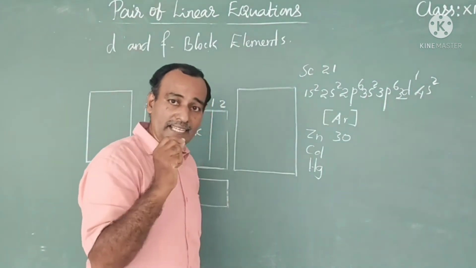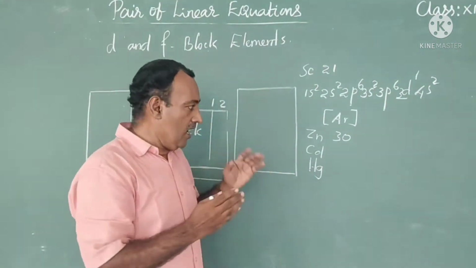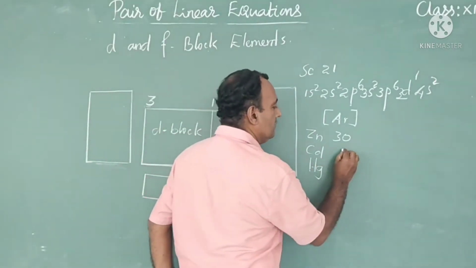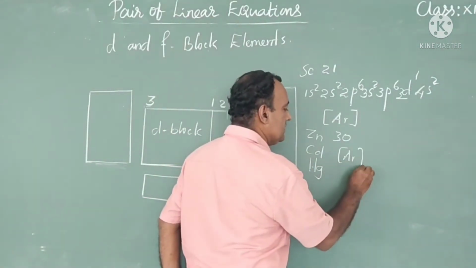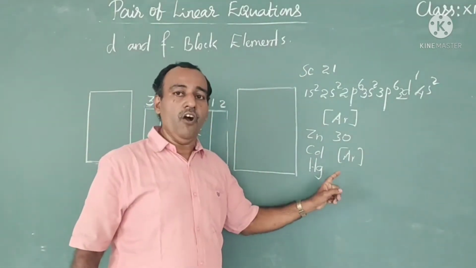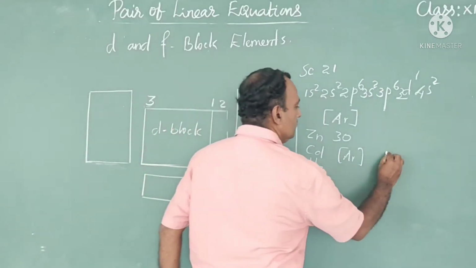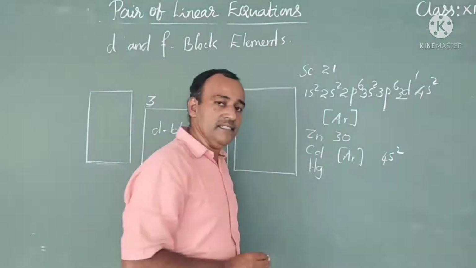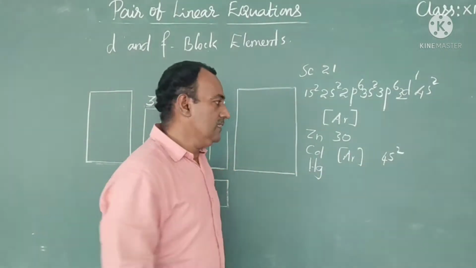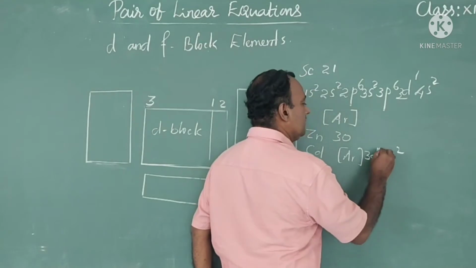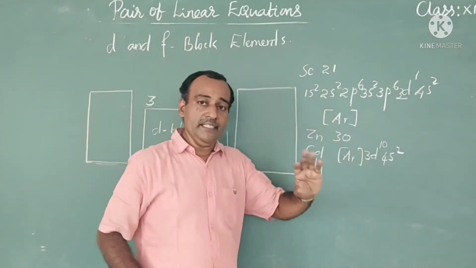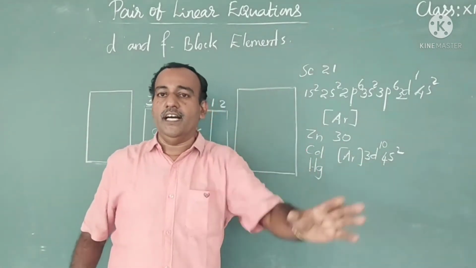If you write the electronic configuration of zinc, you write argon, that means 18 electrons completed. After completing argon, 4s2, that is 18 plus 2, 20 electrons over. Then the 3d orbital. The 3d orbital contains 10 electrons. That means it contains a completely filled d orbital.